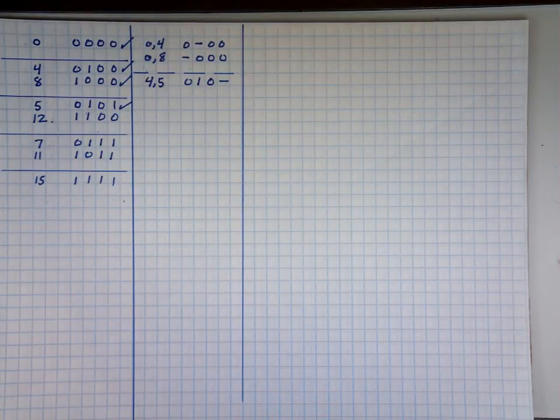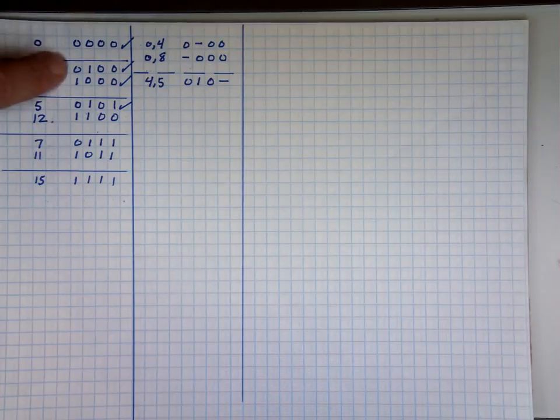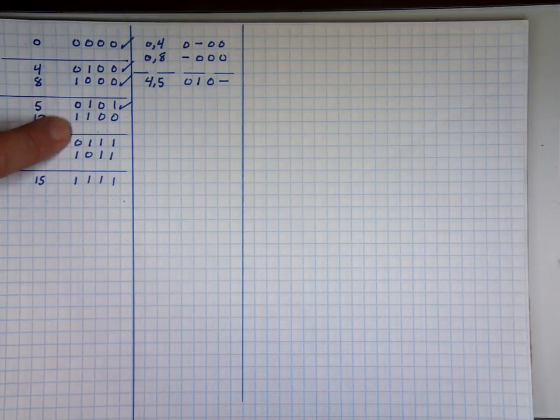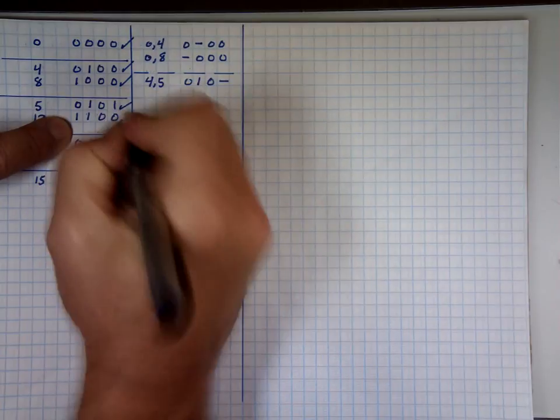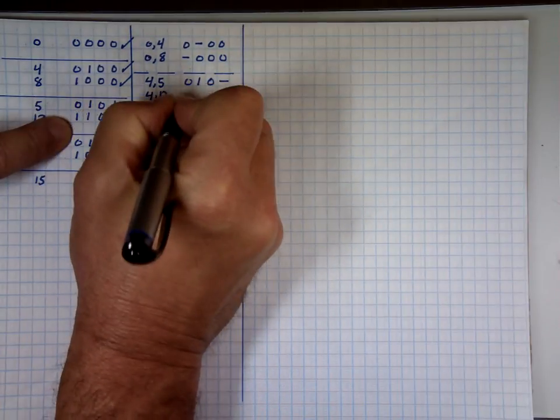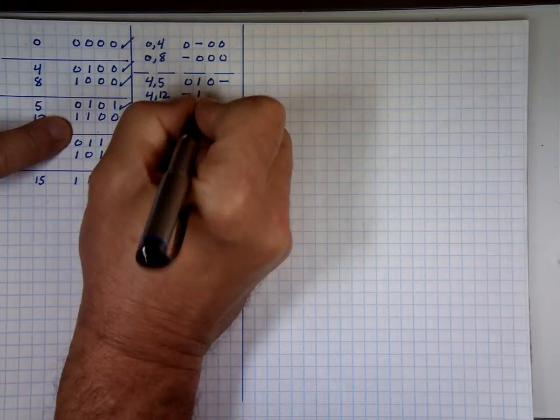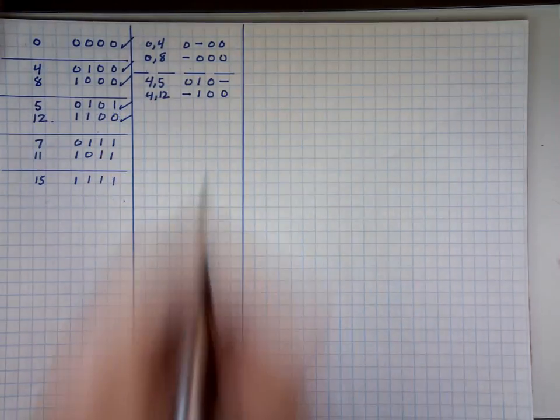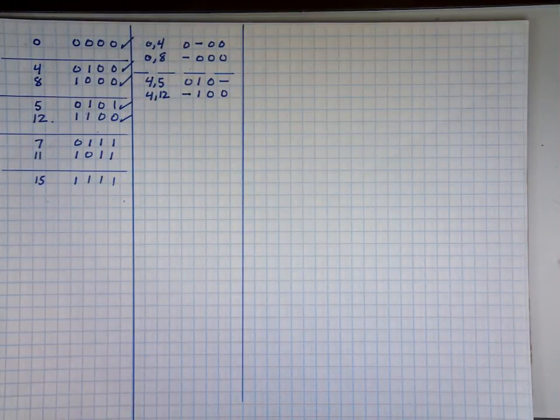How about the 4 and 12? Yes, right? Dash 1, 0, 0. 4 and 12 dash 1, 0, 0. That's a group, right? That's a group of 4 and 12. But I'm not done with them.